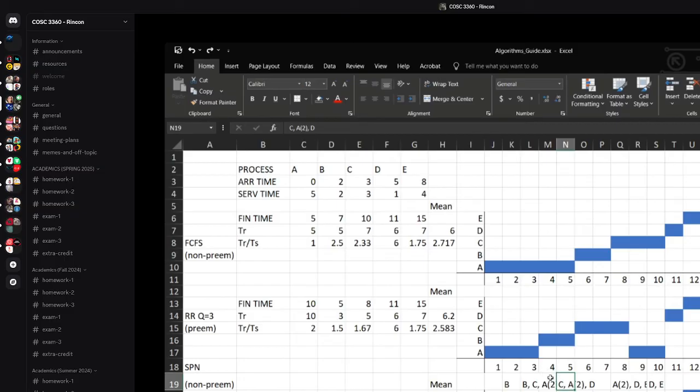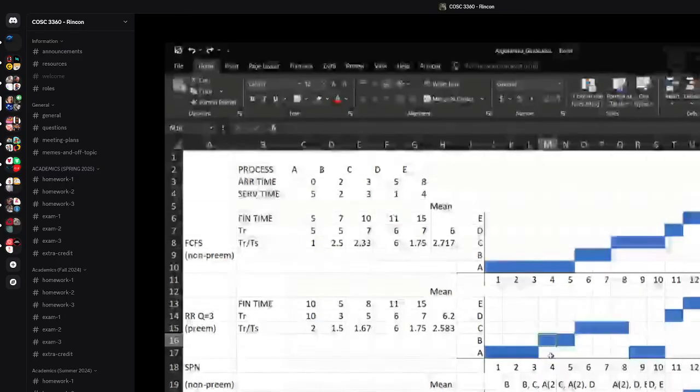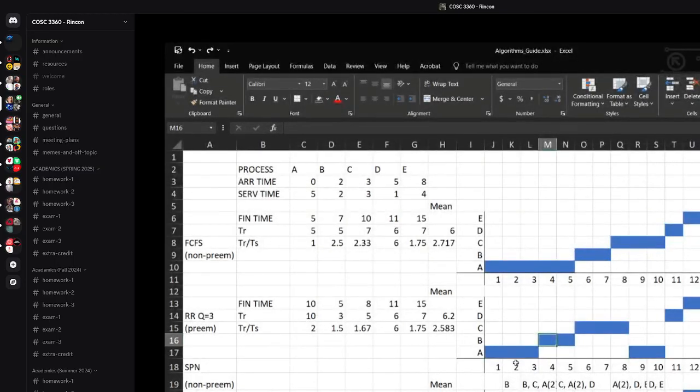At time 5, or okay, let's just go at time 4 to slow this down. At time 4 right now, what would be in the queue? Because A has already been run, so it needs to go back into the queue. Oh, I hate round robin so much. Okay, we're gonna start at time 3, it's a little bit easier.